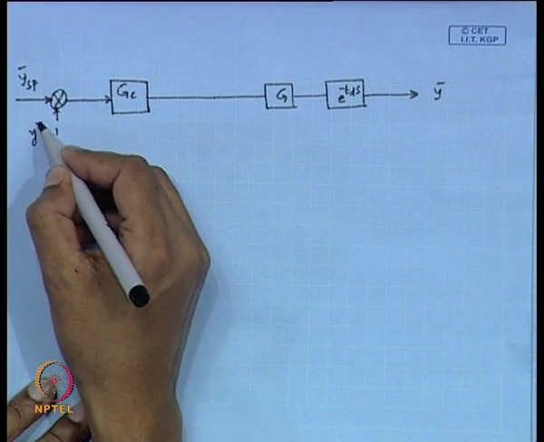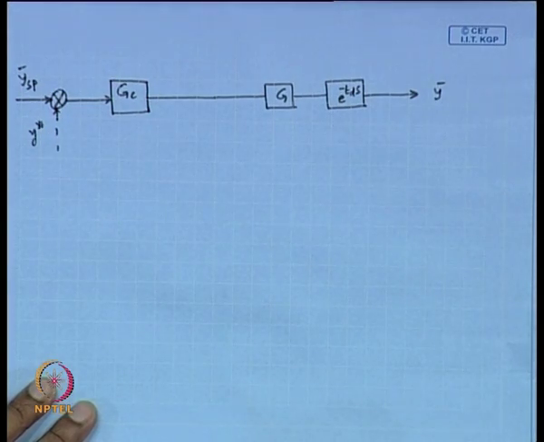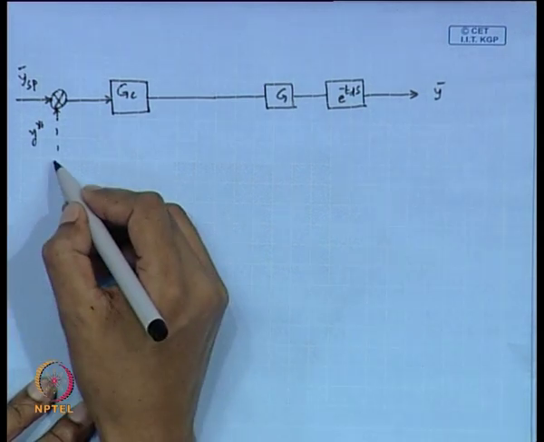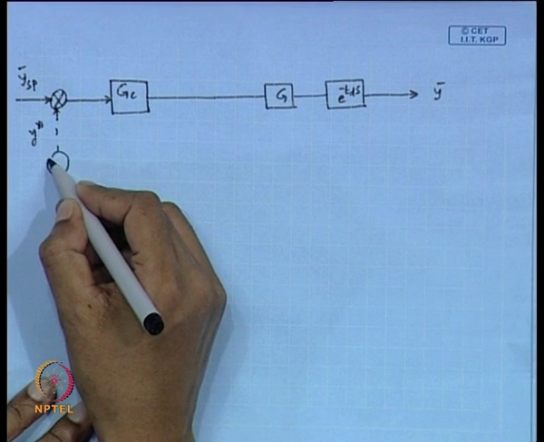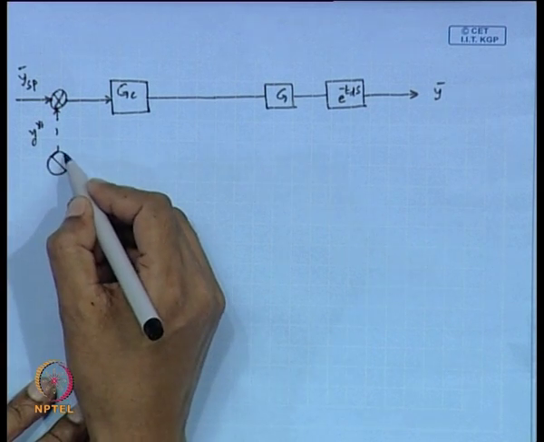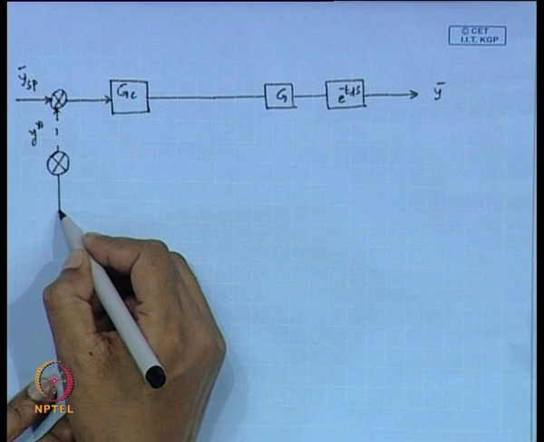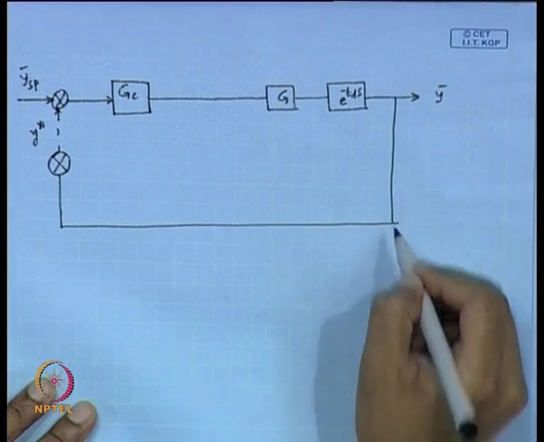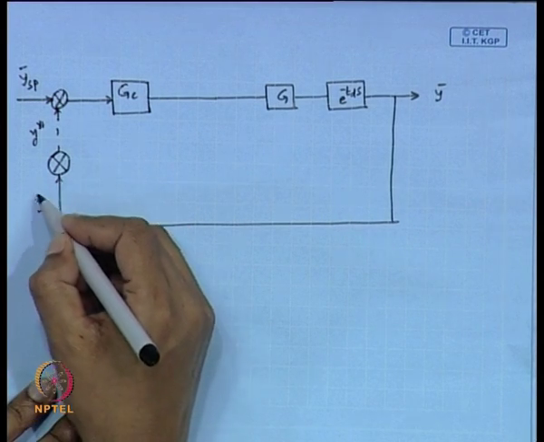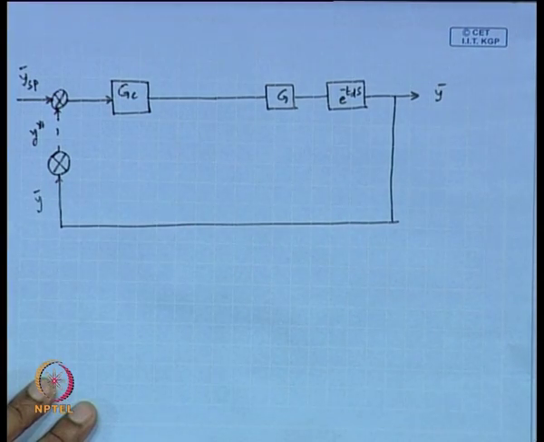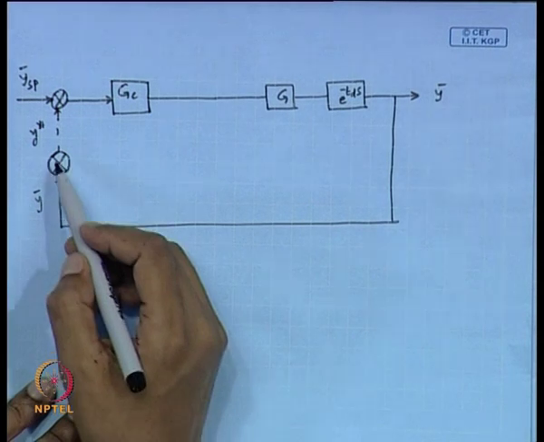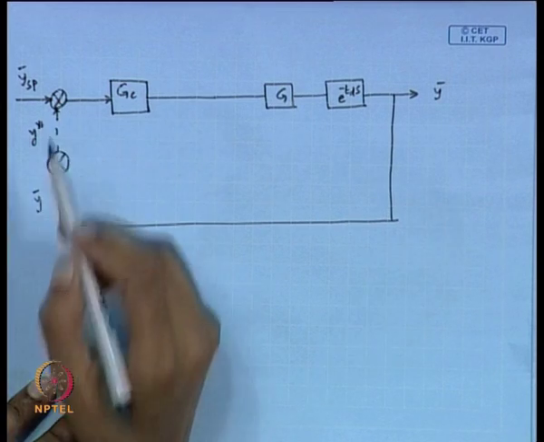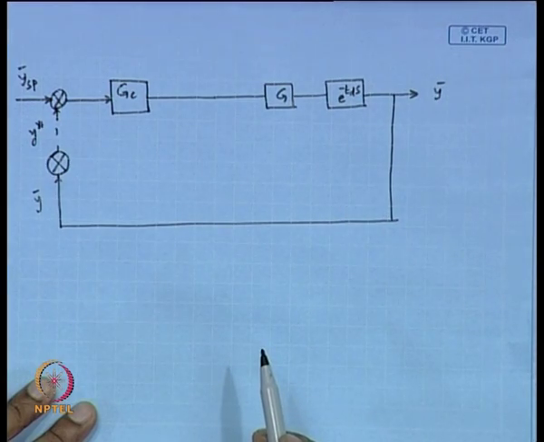Our target is to give y star information to the comparator. But originally we are getting y bar, fine, but we need to give dead time free response to this comparator. How is that possible?